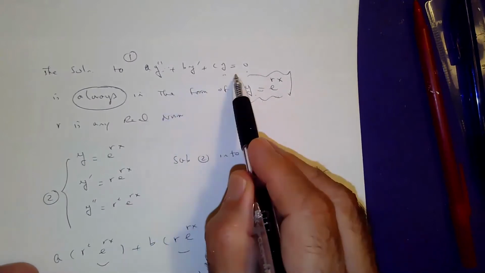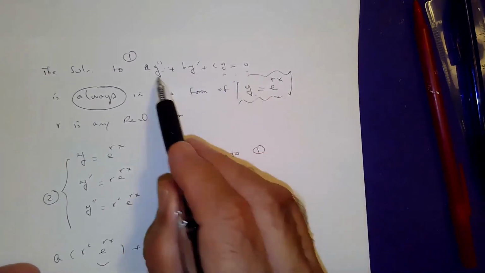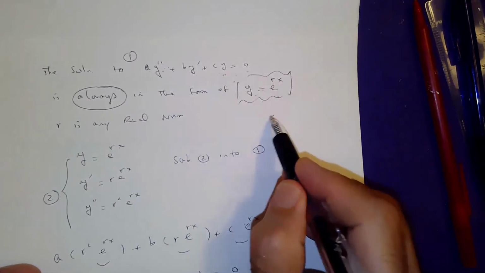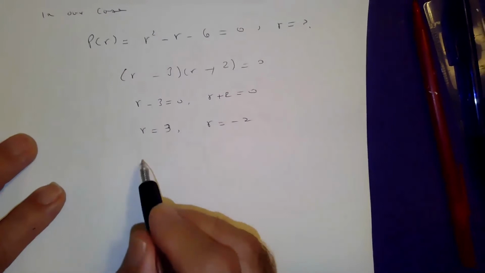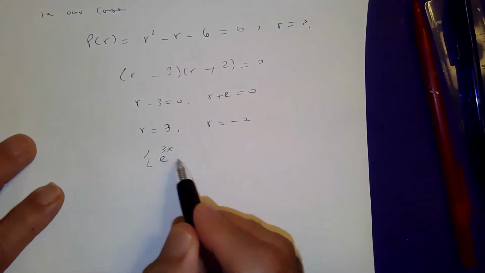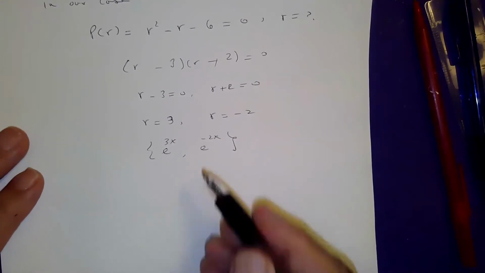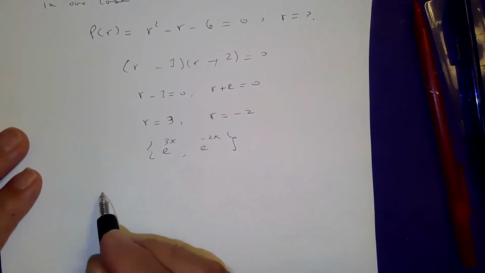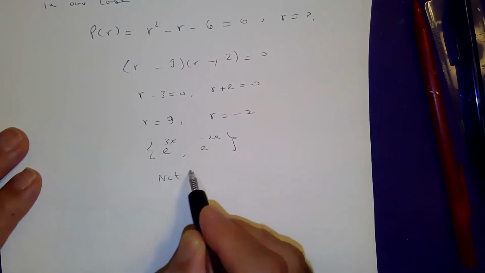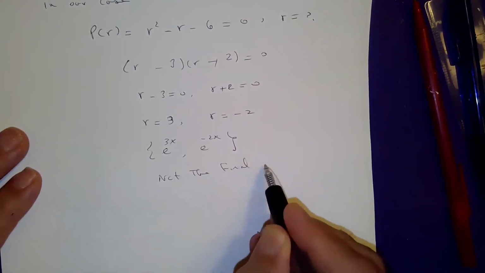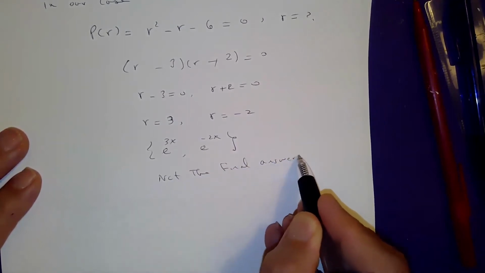As long as you have a linear homogeneous equation with constant coefficients, this is how the solutions look. So in our case, the solutions are e to the power of 3x and e to the power of -2x. But that's not it. This is not the final answer. We are not off the hook.